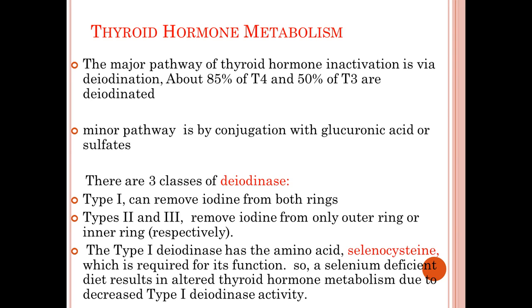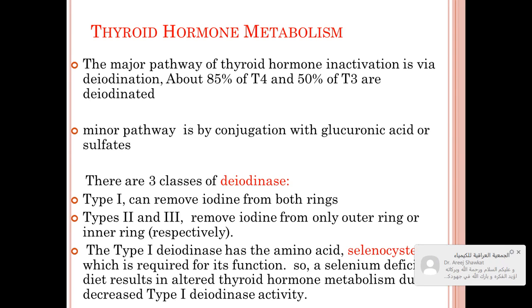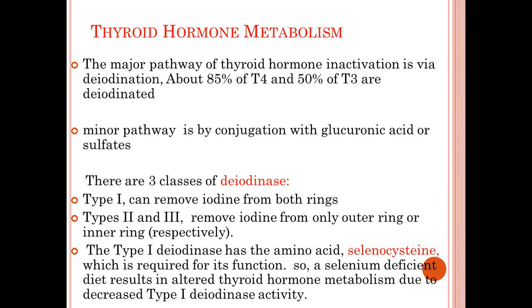Most things we want to get metabolized are metabolized by conjugation in the body, by bonding of the molecule with another molecule, which could be glucuronic acid or sulfate, anything that makes it more water soluble and facilitates its excretion. So the major pathway is deiodination, by removal of iodine from the molecule so it becomes deactivated, and the other pathway is by conjugation.